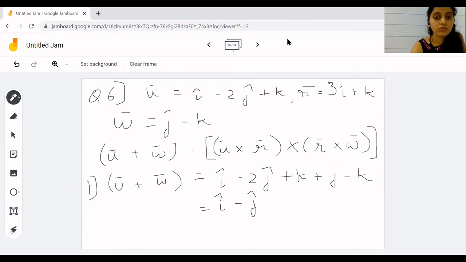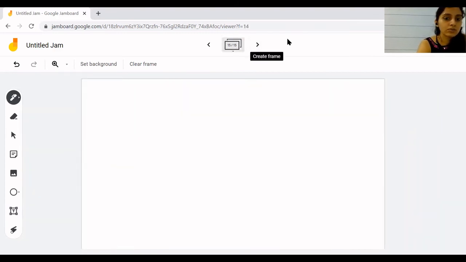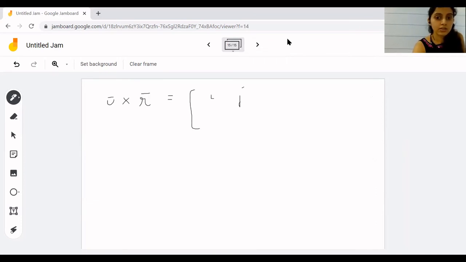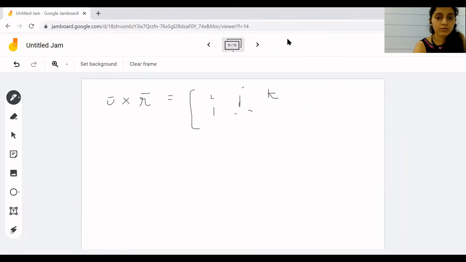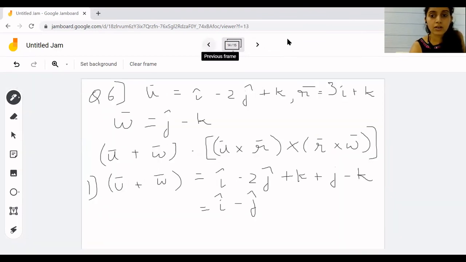Now let us find out U cross R. So U bar cross R bar is equal to i, j and k, and the coefficients of U are 1, minus 2 and 1, and that of R are 3, 0 and 1.